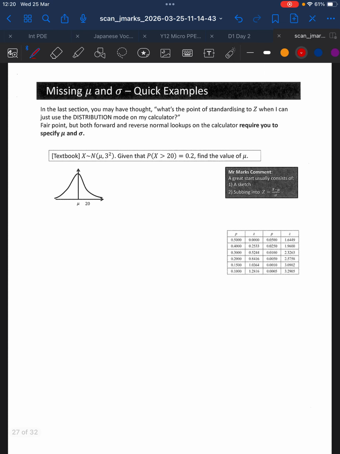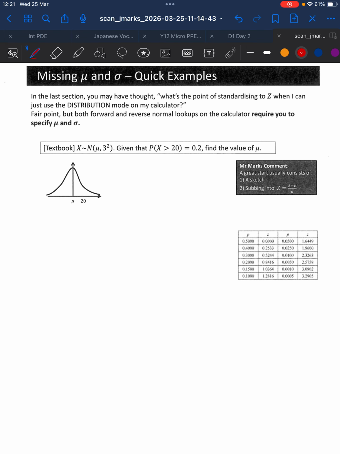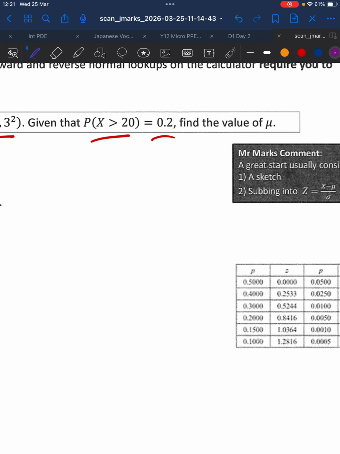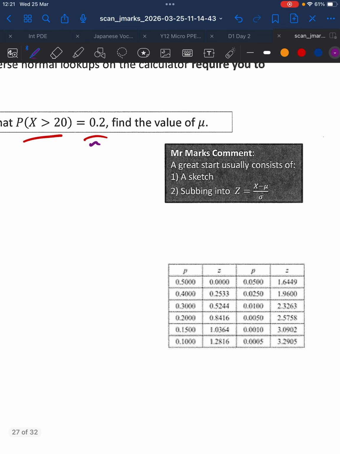Okay then, so we said in the last video that we can use coding, and you're going to see here an example where it's sort of forced to use it. So we've got something that's normally distributed here. We've got this value, we've got this. Okay, so we know now that when we see neat probabilities, we think that the table might be involved, and such is the case here again.